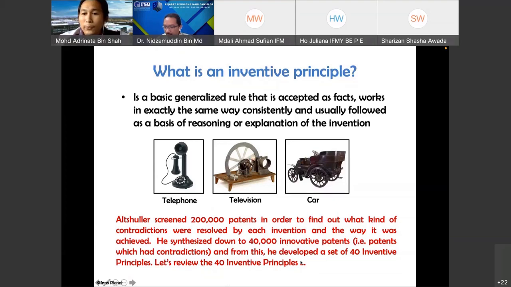Let's review the 40 inventive principles. For our session, I can only show 10 of them, but I can give the explanation or the slides to the participants to look at the other 30 inventive principles. The inventive principles are a simple explanation, so we call it a general solution for us.